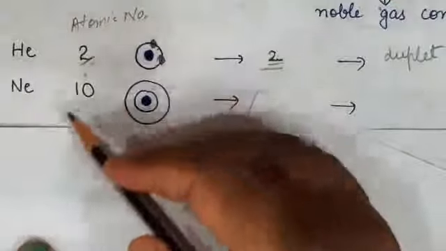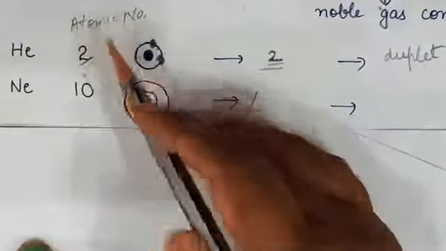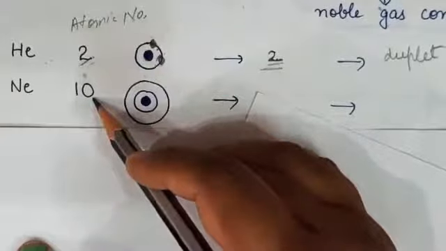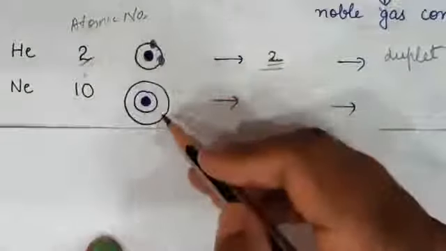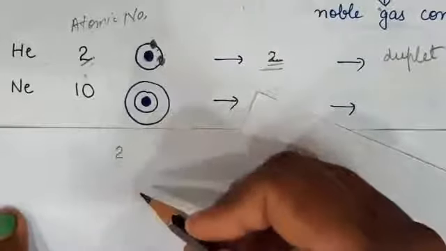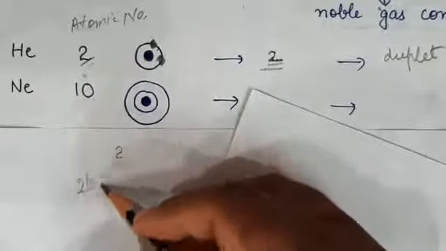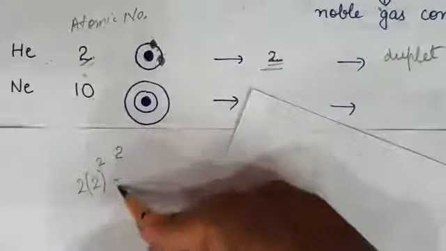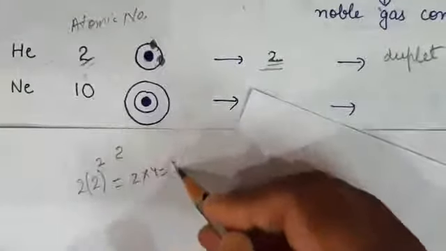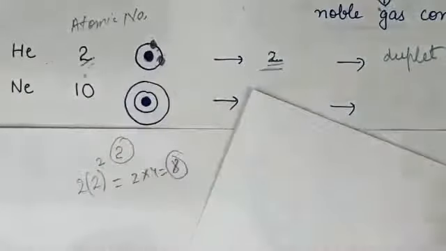Coming to the next example, that is neon. Neon atomic number is 10. In the first shell, how many electrons can be filled? 2. In the second shell, how many electrons can be filled? By the 2n square rule you can calculate, it will be 8. In the first shell 2, in the second shell 8. So start filling.